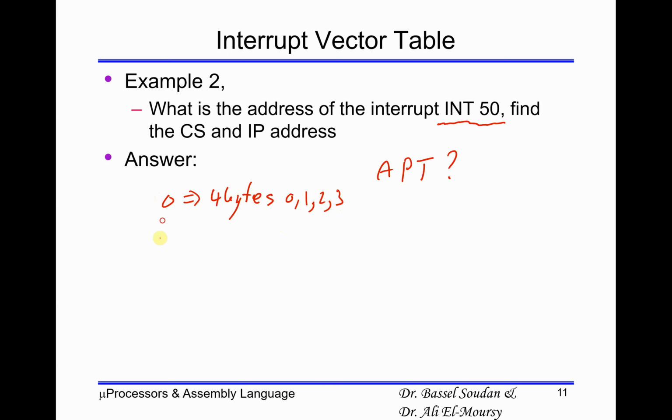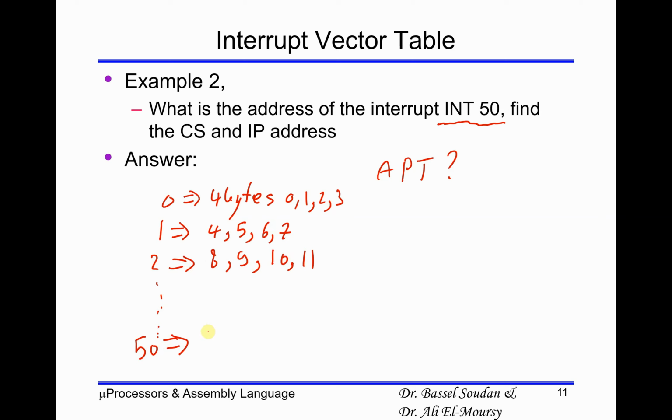Interrupt number 1 takes the addresses 4, 5, 6 and 7. Interrupt number 2 will take the addresses 8, 9, 10 and 11, and so on. So can we calculate where to go for interrupt number 50? Yes, the calculation is simple.